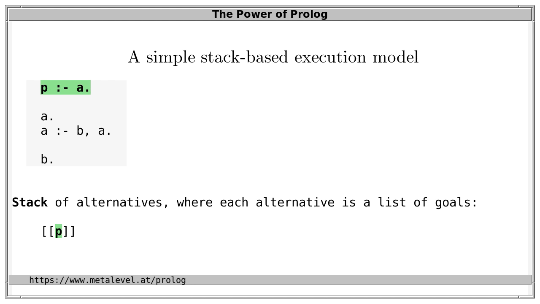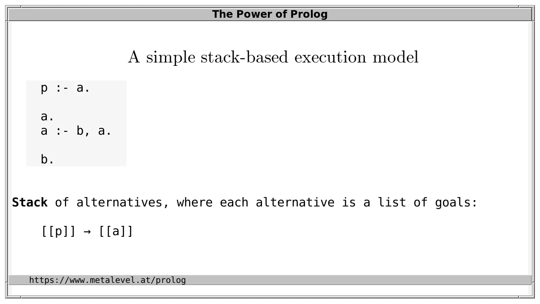So in this example, there's only one clause for P, a rule whose body is the goal A. This means that P is true if A is true. And so the list of alternatives is transformed to a new list, again a list of alternatives where the goal is replaced by the clause bodies.